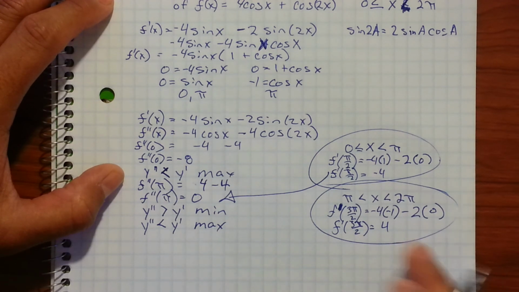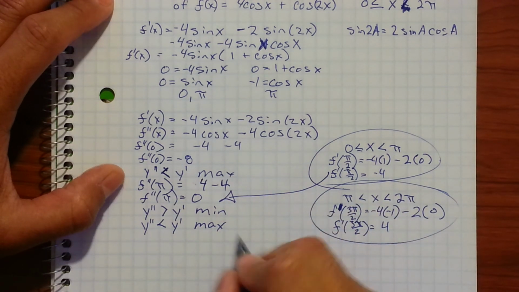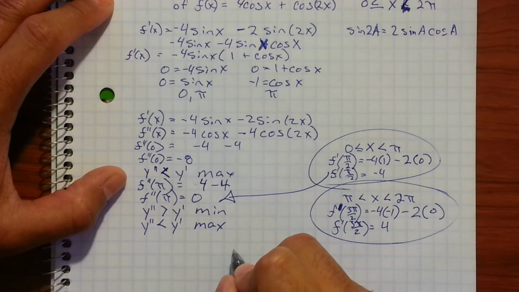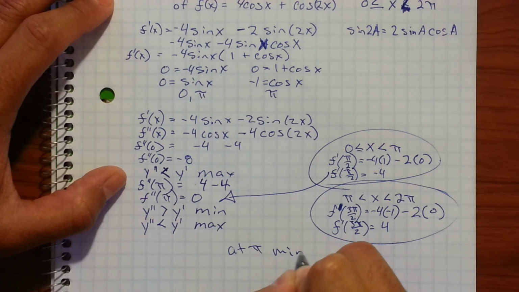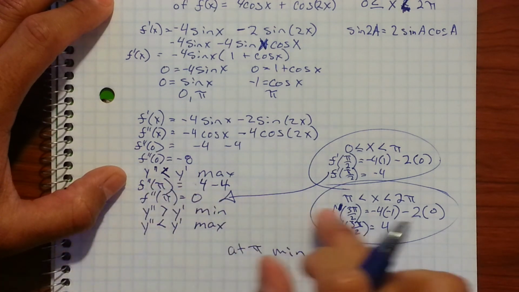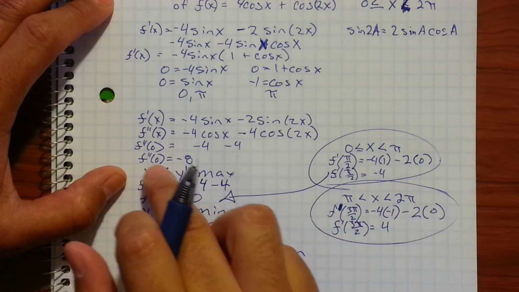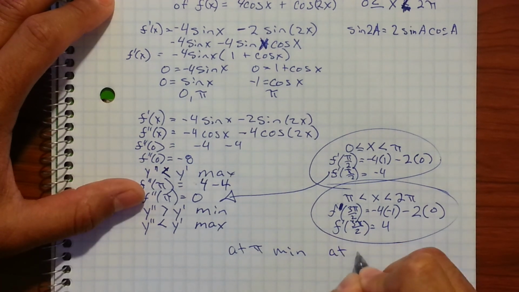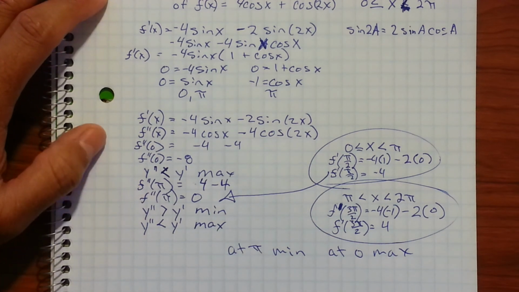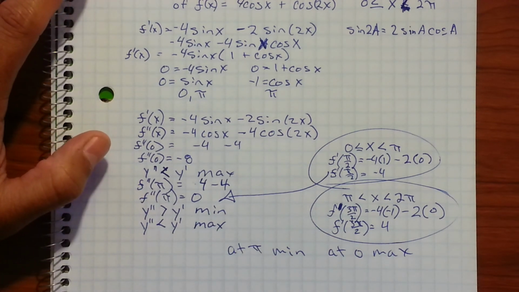So I have a minimum at pi. At pi you get a minimum, and right here, where we came up with 0, we had a max. So that took care of my minimum and my maximum for both of those.